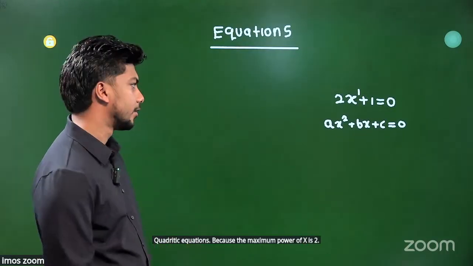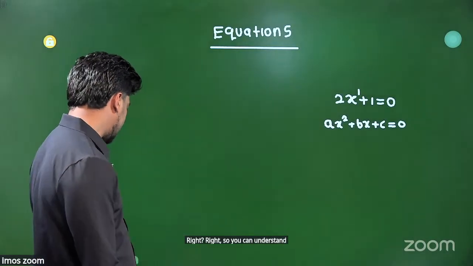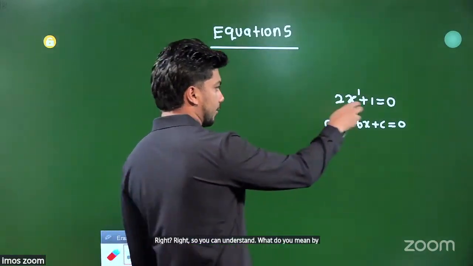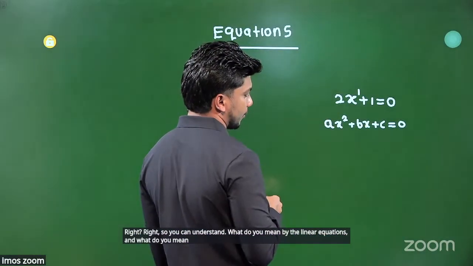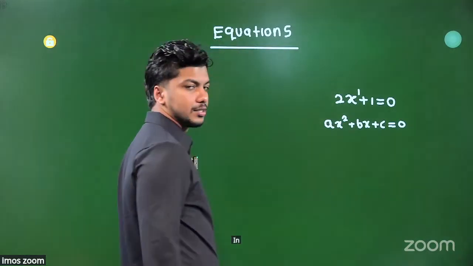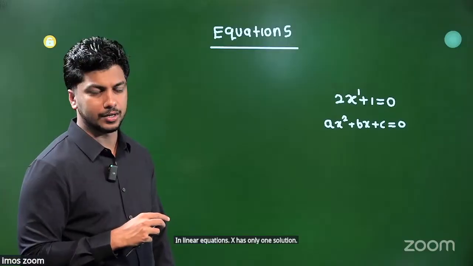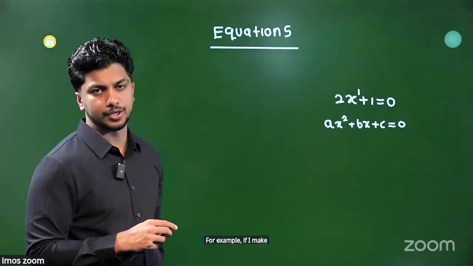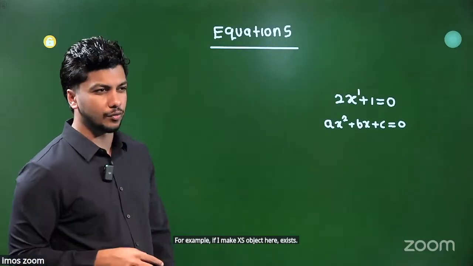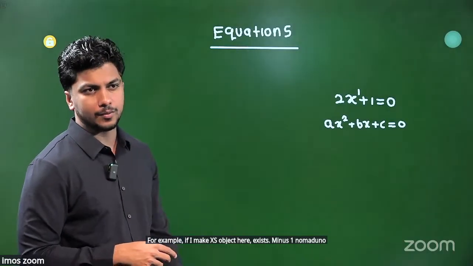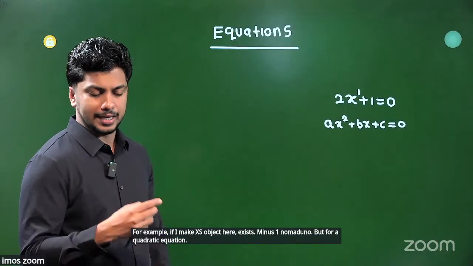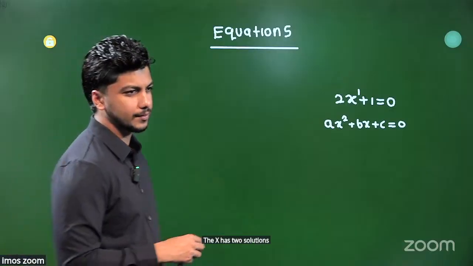So you can understand what we mean by linear equations and quadratic equations. In linear equations, x has only one solution. For example, if I make x the subject here, x is minus 1 over 2. But for a quadratic equation, x has two solutions.